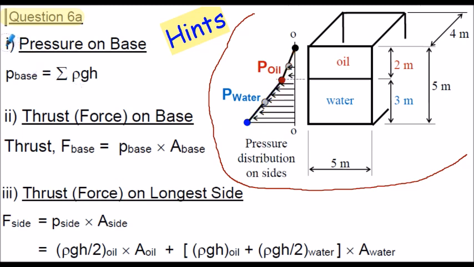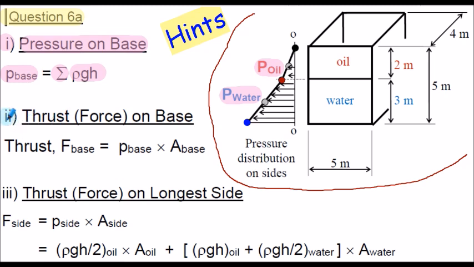So firstly, to find the pressure on the base of the tank, we need to summate the pressures from firstly the oil and then from the water. So we're basically summating the ρgh values for oil and water. That will give the total pressure on the base.